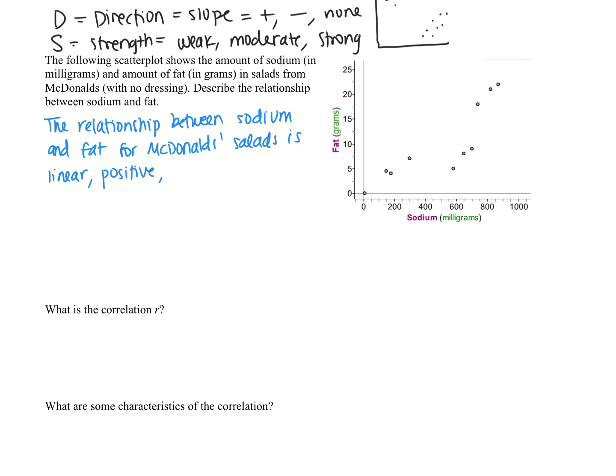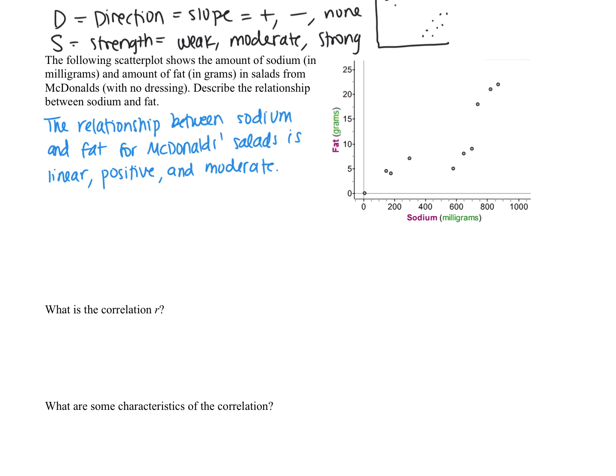Strength is how close this falls to a straight line. In this case, our options are always strong, moderate, or weak. If we were just looking at these points and these points, they fall really close to a straight line. These are the ones that don't. So I'm going to call this a moderate relationship. So the relationship is linear, positive, and moderate.